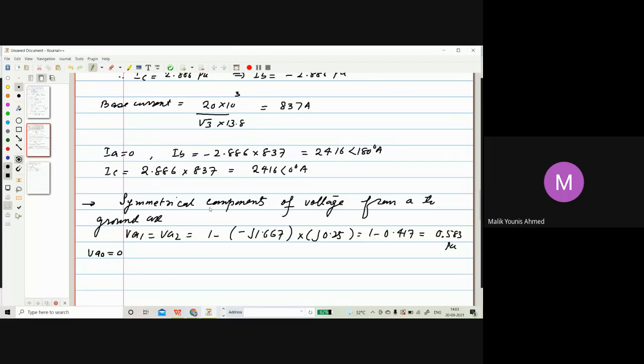VA0 was equal to 0 because IA0 is 0 in this case. Neutral of generator is grounded, but this we already know. VA0 is IA0 multiplied by Z0. Since zero sequence voltage is not there, this will be 0. So line to ground voltage now.